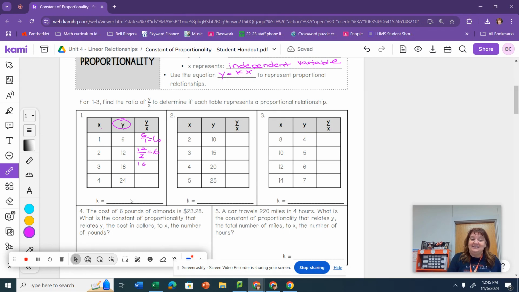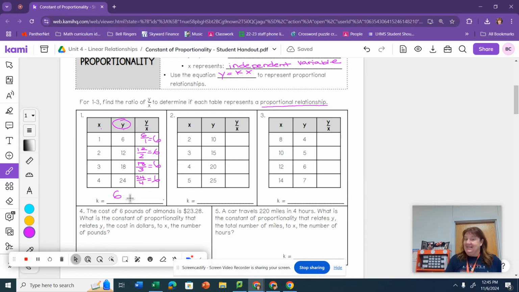How about 18 over 3? What does that equal? 6. And then you have 24 over 4. What does that equal? 6. So what's our constant of proportionality? 6. See how it was the same for everyone? Because these are a proportional relationship, that's what it is.